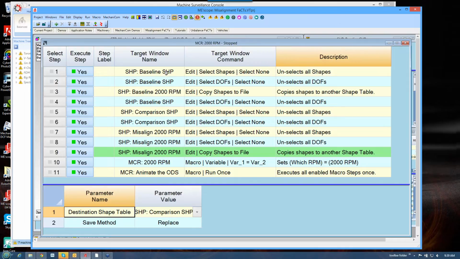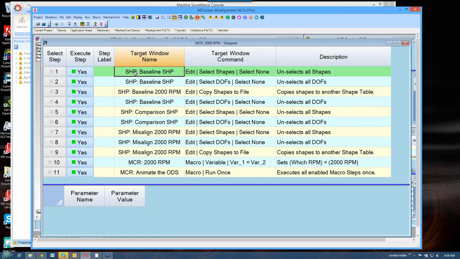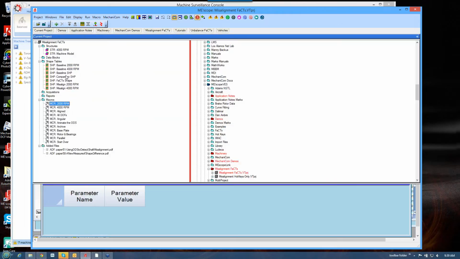The first one says, in a shape table called baseline shape. That's a shape table that I've created in this project, and that's where I'm going to put the baseline or the balanced case. And then the comparison shape is going to be the misaligned case. I said that wrong. The baseline is going to be the aligned case. Let's open that up.